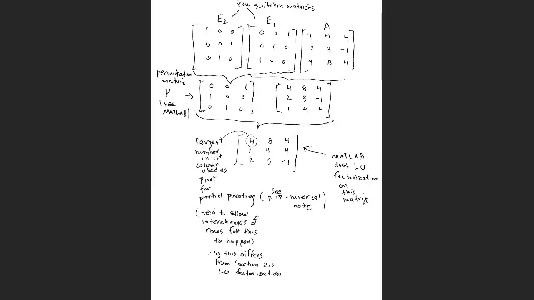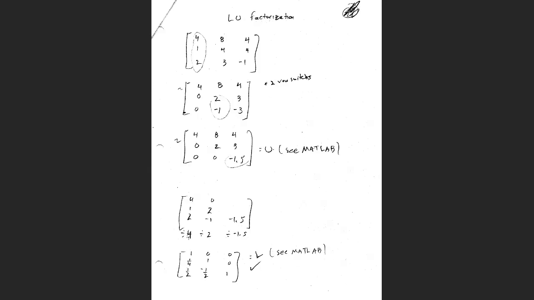Yep, that's the P matrix that MATLAB produces. And so this is in the recording. Here's the U matrix that MATLAB produces. And then here's the L matrix that MATLAB produces.